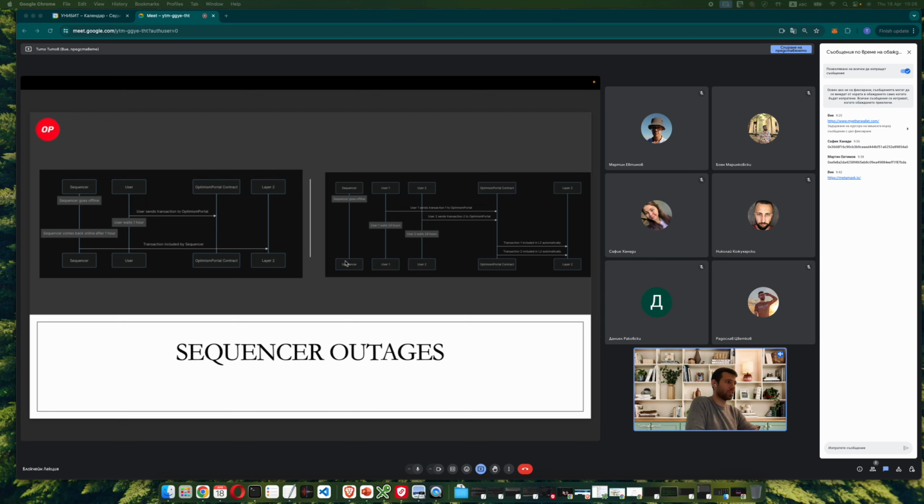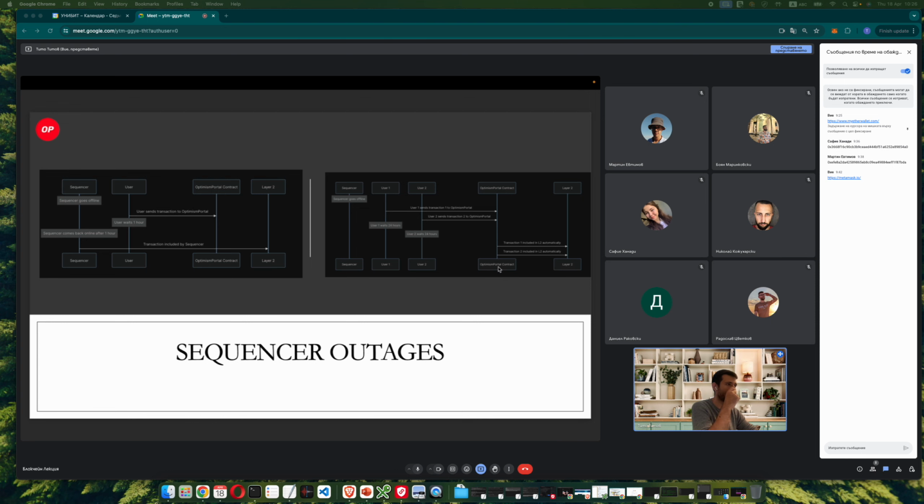Usually the sequencer is the one that is taking the transactions and then preparing them to be broadcasted to layer 1 or do something on layer 2. But in this case, the sequencer is not working. So these transactions are going to the Optimism portal. Then the Optimism portal is waiting for 24 hours.